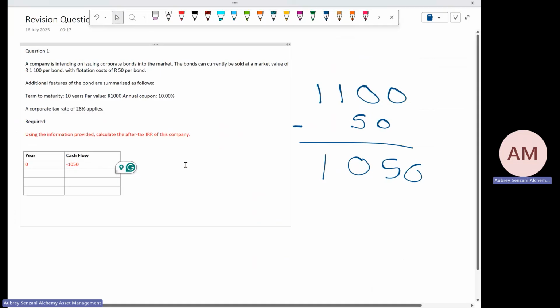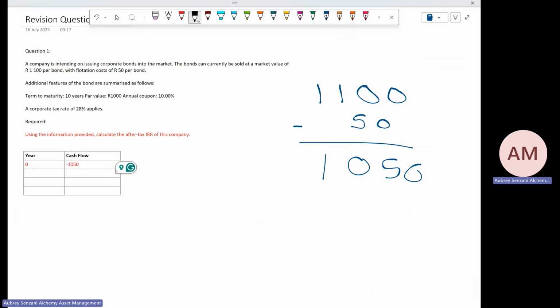We know that the only cash flows from year 1 going on are coupon payments. So we need to work out the coupon payments. How do we work out the coupon payments? Par value, yes, 1,000 times the percentage of 10%.